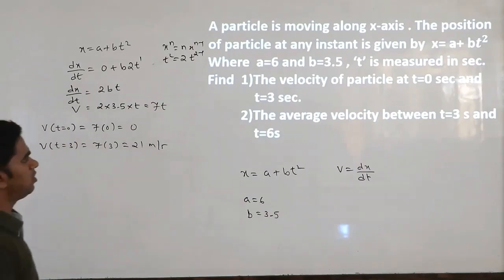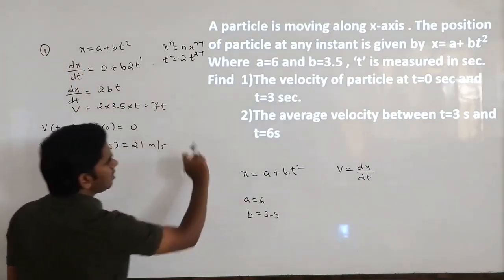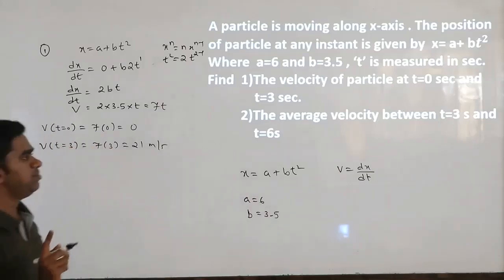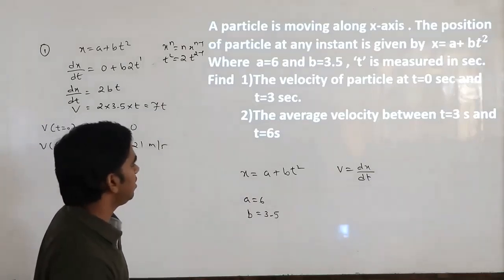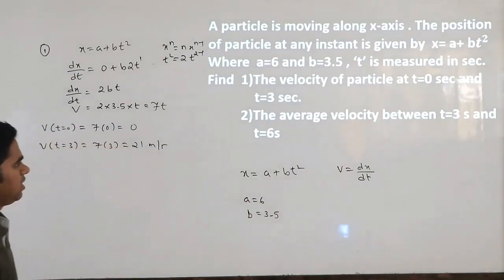Next, the second question: the average velocity between t equals 3 seconds and t equals 6 seconds. How can we calculate this?